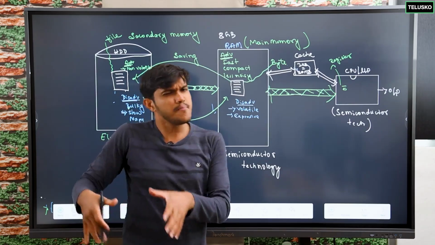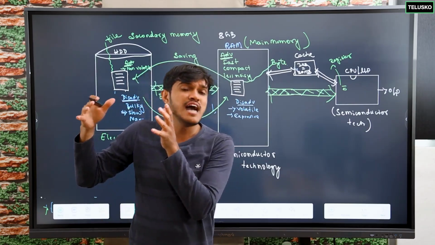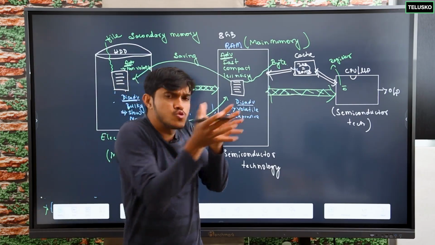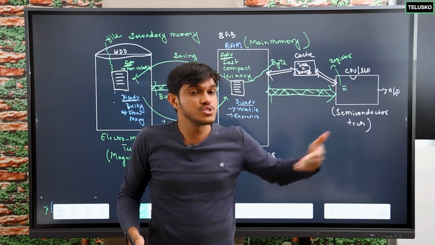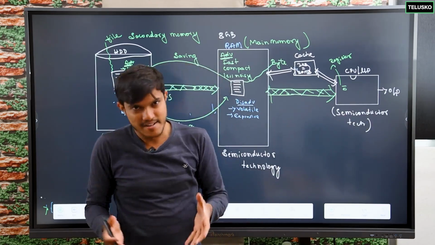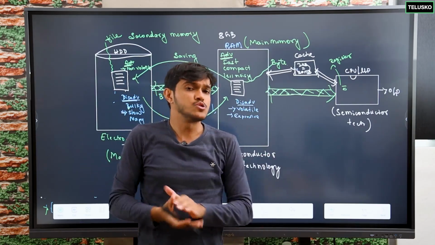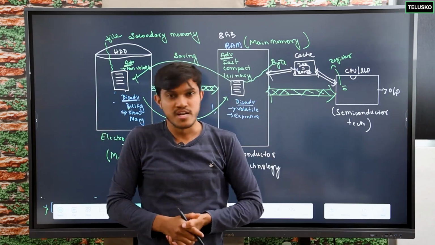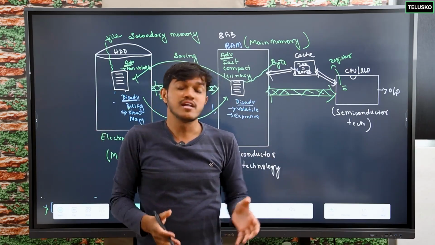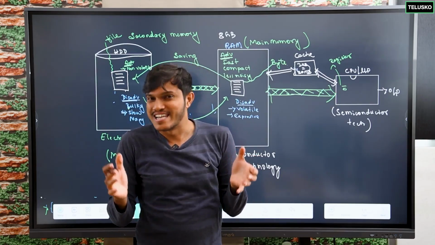Loading means whatever permanent data we have on the hard disk, we are getting that onto the RAM so that we can execute it further. That process we call loading. I hope now you are able to understand everything about these important memory units in your computer and how they are organized.